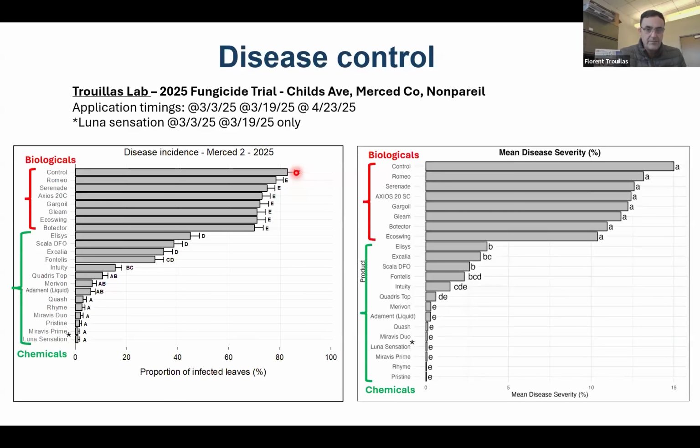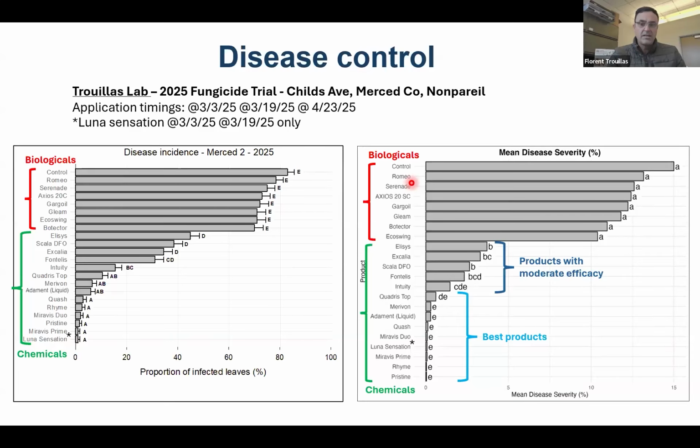And so what you see in green here are the various chemicals that were tested, which show the highest performance, against some of the biocontrols that really didn't provide great control. So something we're going to be looking into in more detail is identifying biocontrol agents for disease management. But what we've seen in that first year of trial is really little to no efficacy from the biologicals.